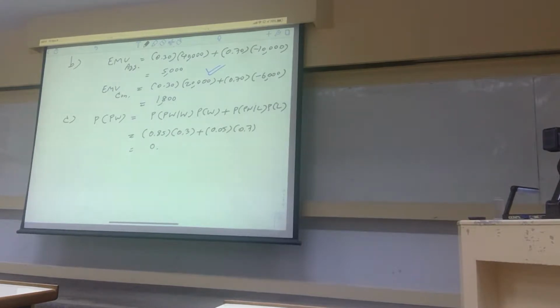We have 0.29. So it means the probability of predict lose the case equals 1 minus 0.29, then we have 0.71.